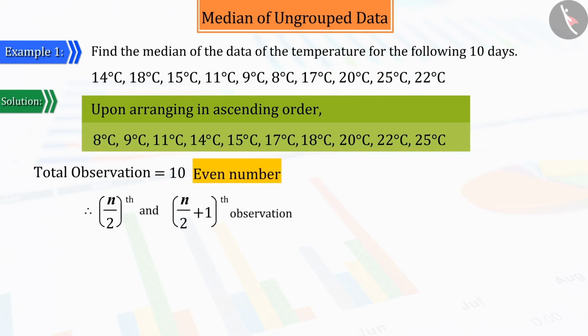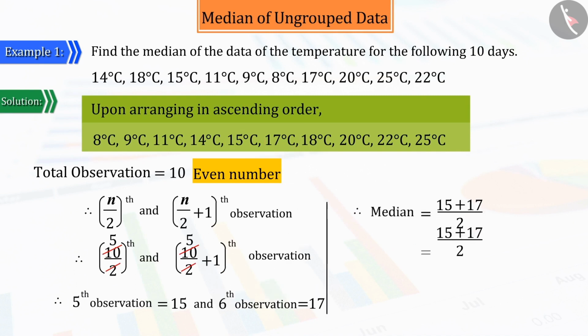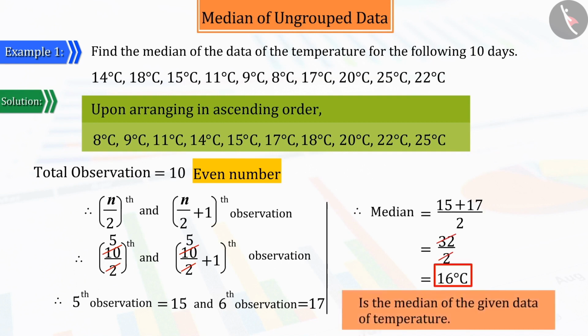We have learnt that if the number of observations is even, then to get the median, we have to find the mean of n by 2th observation and n by 2 plus 1th observation. From which we get the median of the entire data as 16 degrees Celsius.